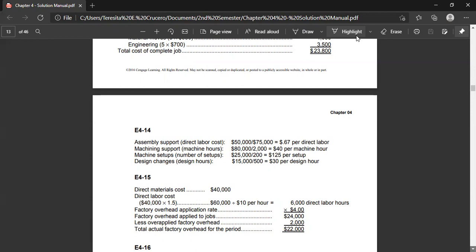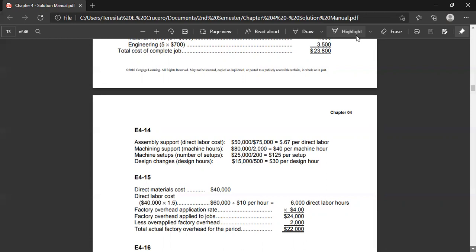0.67. Then we go to machining support based on the number of machine hours. So we divide 80,000, the machining support cost, by the number of machine hours of 2,000. So in other words, the machining support is $40 per machine hour.